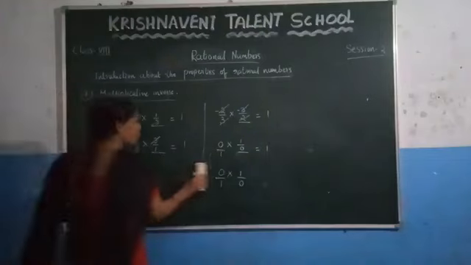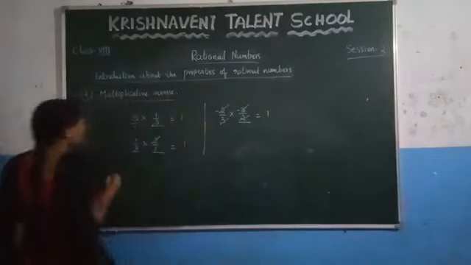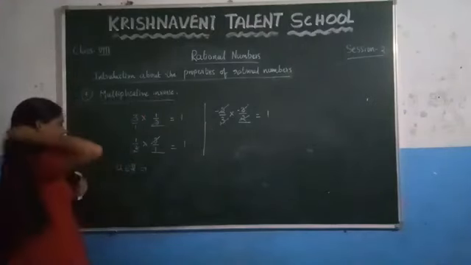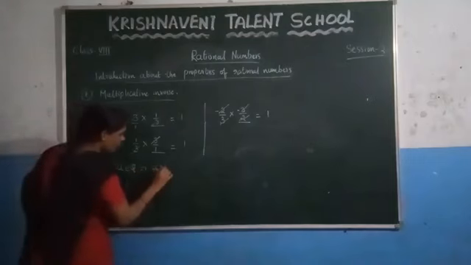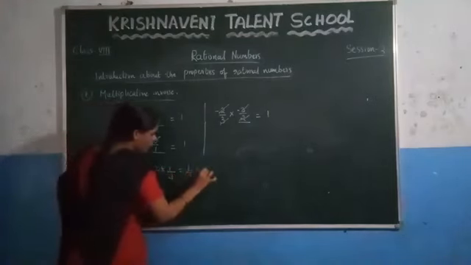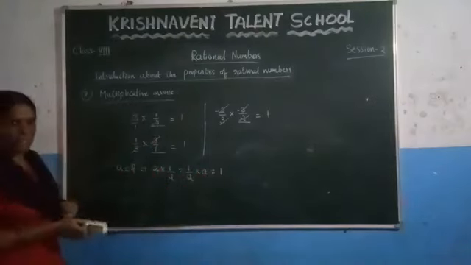Now how do you state this property here? Consider one rational number A. Then what this property says, A into 1 by A must be equal to 1 by A into A is equal to 1. This property we call it as a multiplicative inverse.